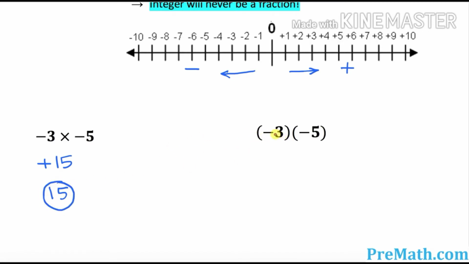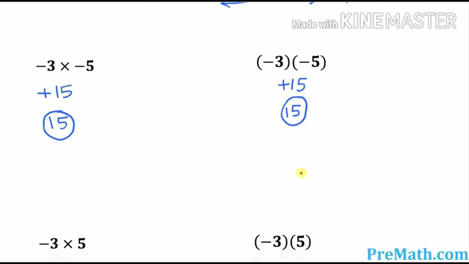Sometimes you might see this kind of example with parentheses. They are the same thing. Negative 3 times negative 5 is going to be positive 15 as well, and positive 15 could be written simply as 15.